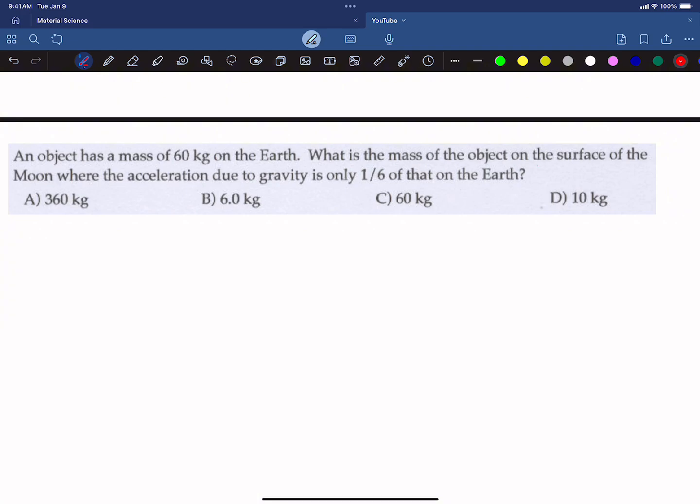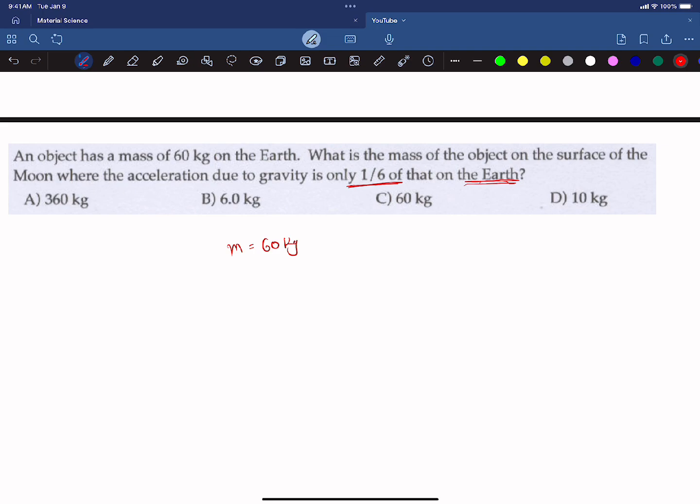What is the mass of object on the surface of the moon where acceleration due to gravity is only 1 by 6 of that of Earth? So the mass is 60 kg, and acceleration due to gravity is only 1 by 6 of that of Earth. And what is the mass on the moon?